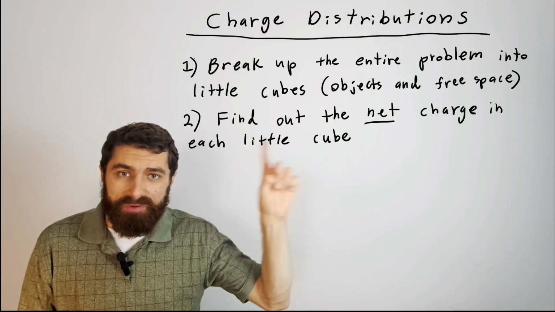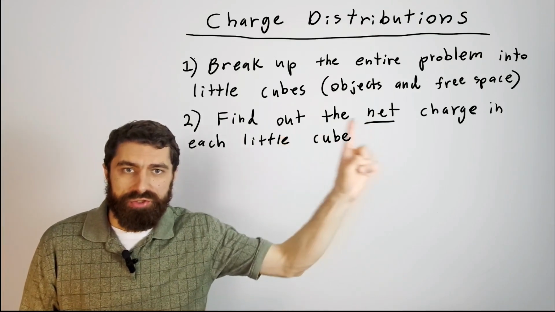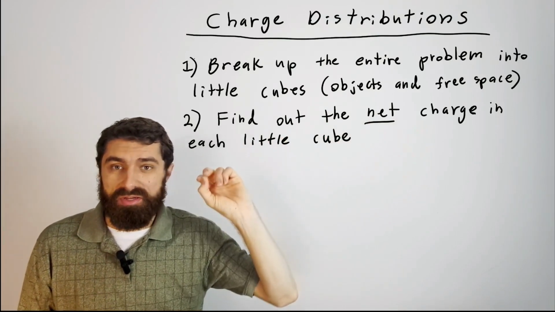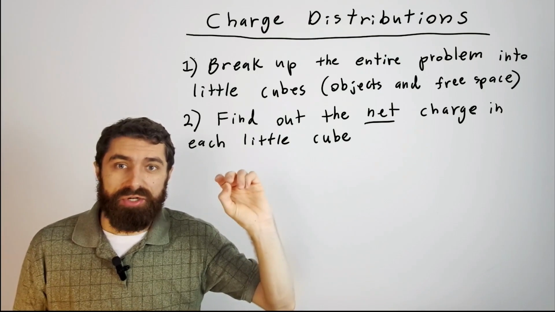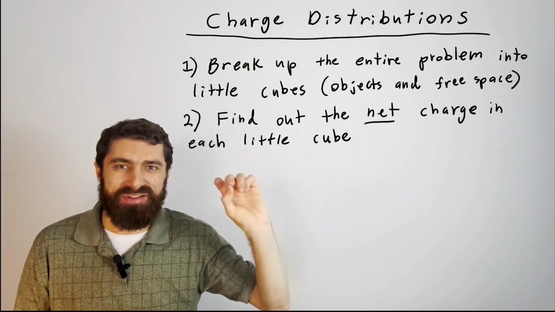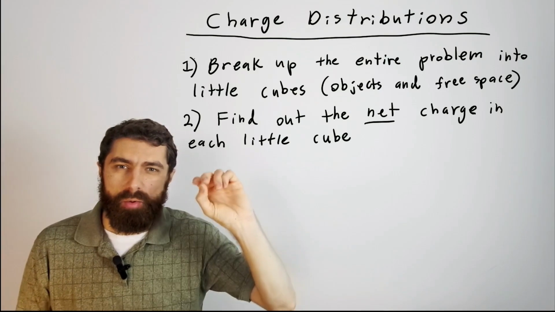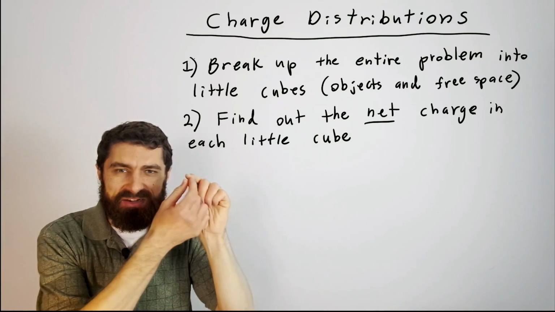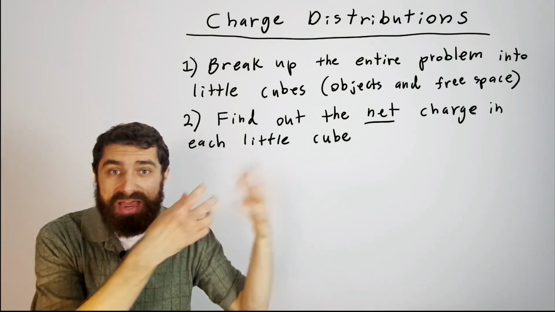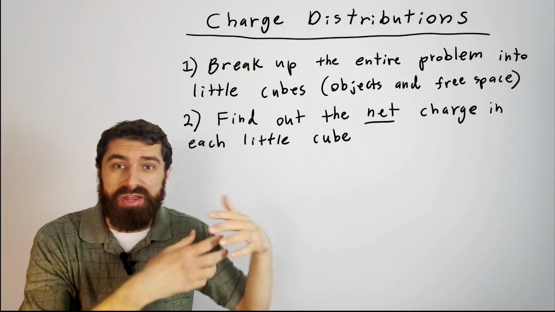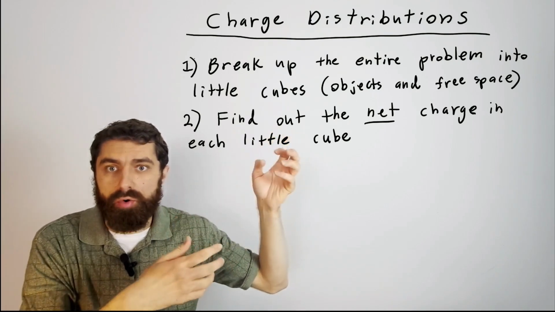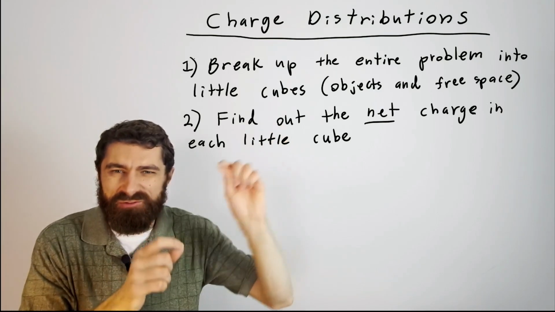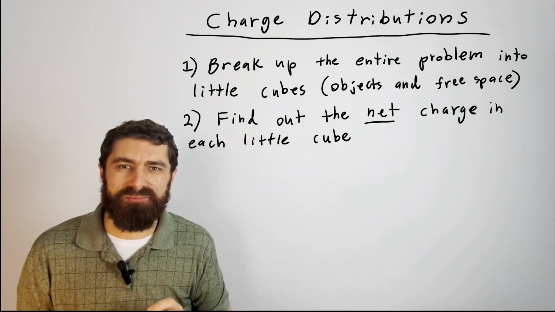Secondly, you want to find out the net charge in each little cube. In any given material there are electrons and protons, and normally they cancel each other out. But you want to look at each little cube and find out how much net or excess charge there is. How many more electrons than protons, or more protons than electrons, and you do that for each little cube in the problem.